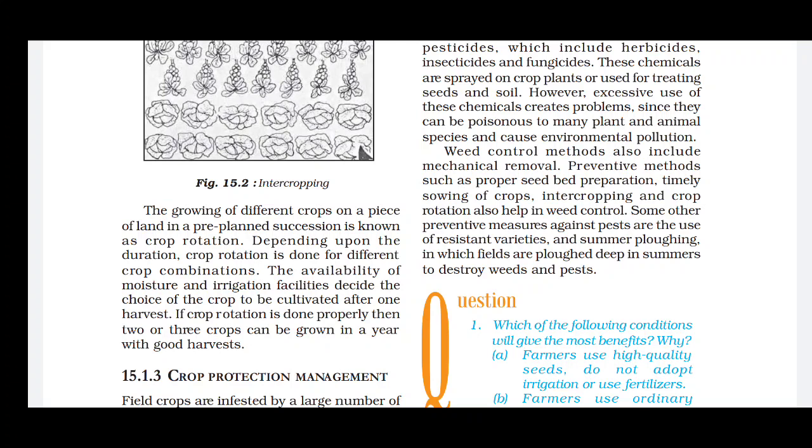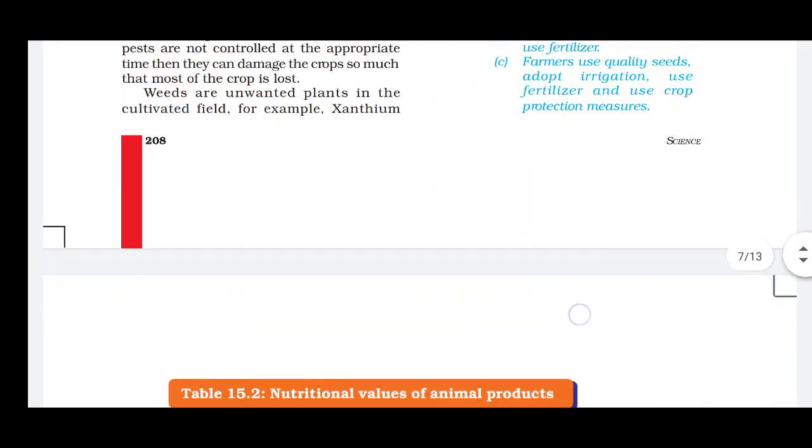Excessive use of these chemicals will be harmful to the plants and even to animals and human beings. When soil erosion takes place, these pesticides also mix with the water, air, and soil, and cause environmental pollution.